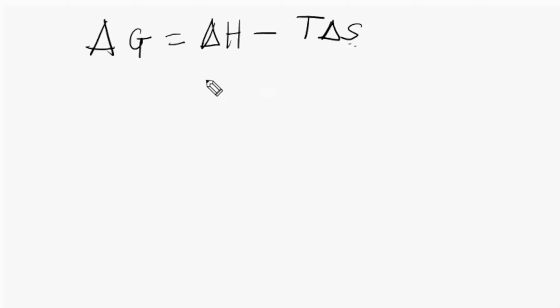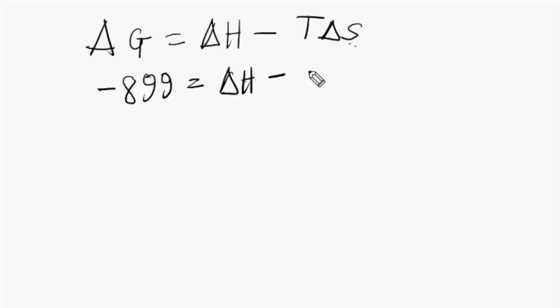So guys, from the question, we've been given delta G to be negative 899. So this will be negative 899. But we don't have a delta H. But we have a T for the temperature, which is 25 degrees Celsius. So 25 degrees Celsius is actually 25 plus 273 Kelvin.